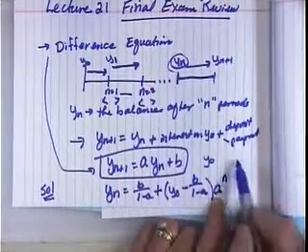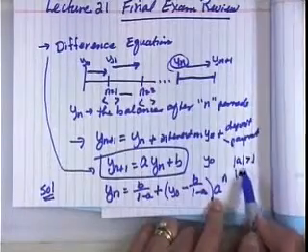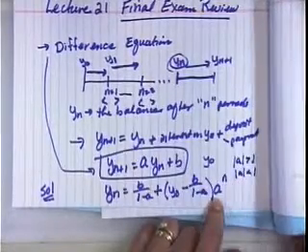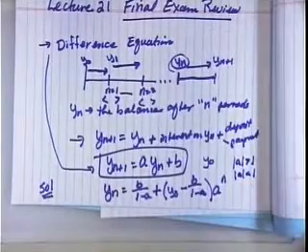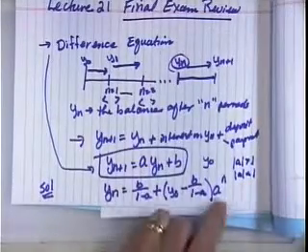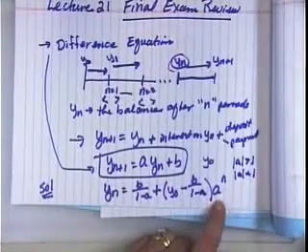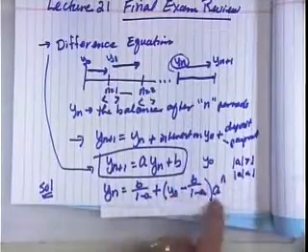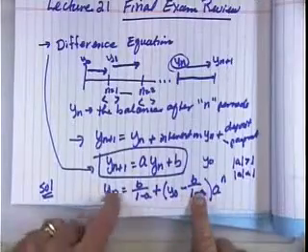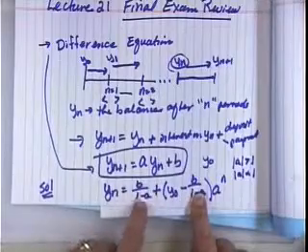Okay, then you looked at the absolute value of A being bigger than 1, or the absolute value of A being less than 1. Now, absolute value of A being less than 1 meant between -1 and 1, so you would be taking a number like a half. And if you raise a half to the first, a half squared, a half cubed, what's going to happen to this term right here? It's going to get smaller and smaller and smaller, so the value of the function is going to start to approach b over 1 minus a.